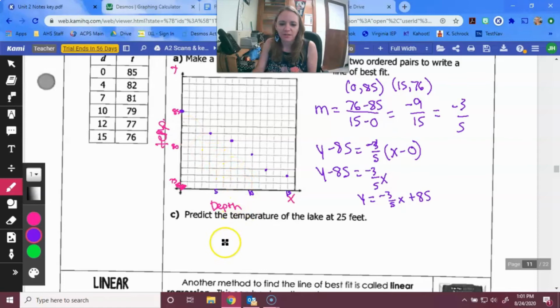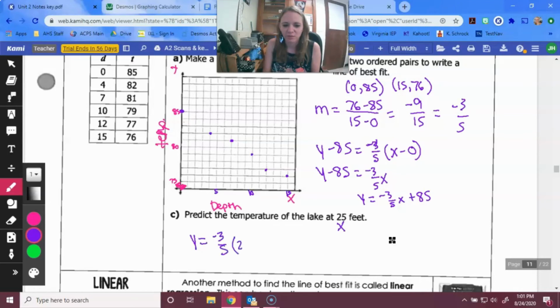Okay? And then the next part says predict the temperature of the lake at 25 feet. So 25 feet is given to me. Is that a temperature or is that a depth? Of course that is a depth. So that's an X. So I want to get the temperature, which is the Y. So my Y is going to stay unknown.